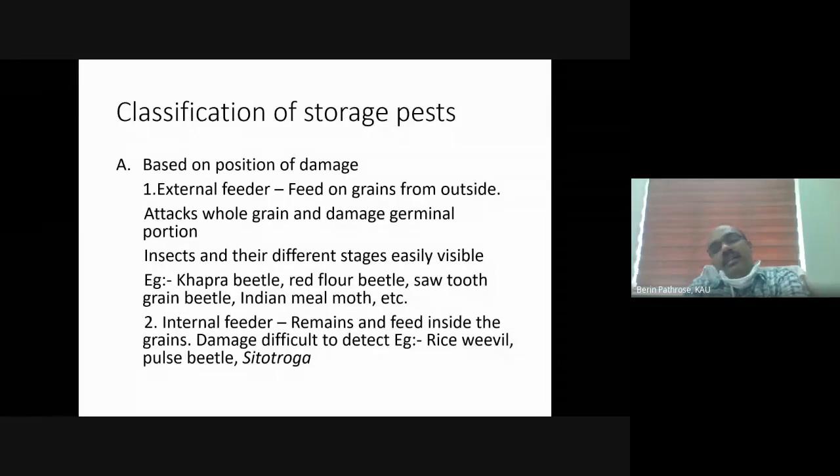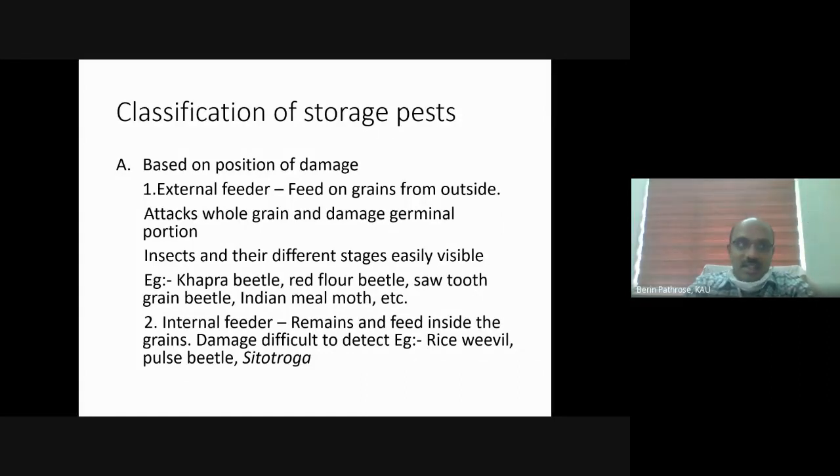I will give an example that may be easy for you to understand. Take the case of pulse beetle. When you buy green gram at home, you may not see the insect pest outside once you purchase the packet. You may not see an insect outside the grain.